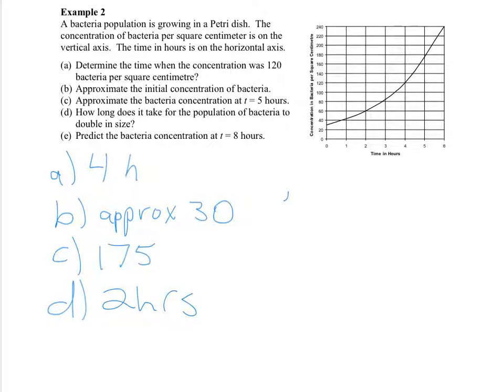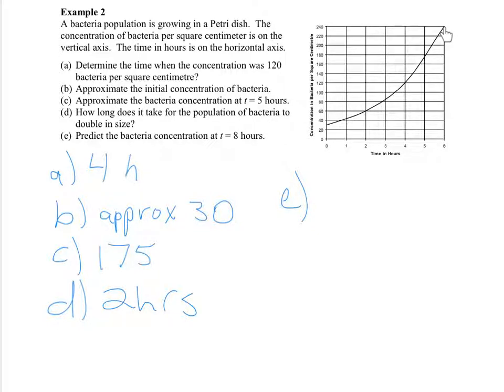Okay. Now, E says predict the bacteria concentration at T equals 8 hours. Well, that would be easy if it was on the graph. We could just read it off the graph, but that's not there. But going back to our previous answer, we said the population size doubles every 2 hours. So if we look at the population at 6, at 6 there were 240 bacteria.